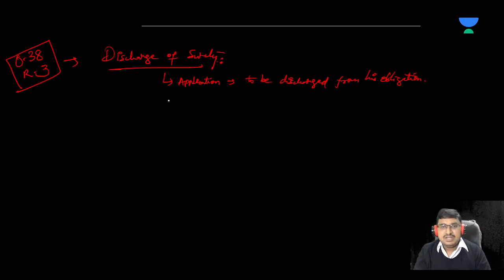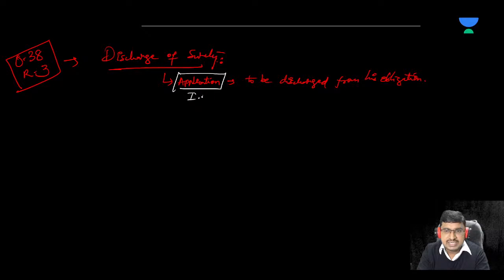Discharge of surety. It says that the surety shall apply. Here it means that he must make an application, he must file an interlocutory application to be discharged from his obligations.